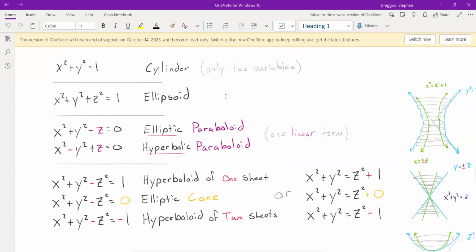So that's one way of organizing your thoughts. The other is the one that I touched on in class, which is to group the hyperboloids of both one and two sheets and the cone together, and gather it all up so that all of our variable terms are on one side and the constant term is on the other. Then I think of the hyperboloids as being either end of a cone.